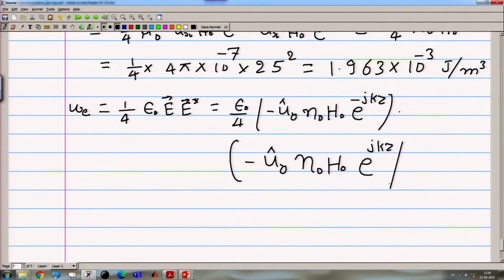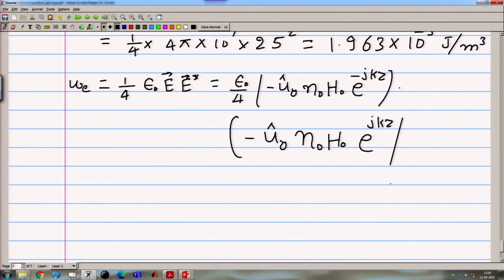After simplification this will come eta naught whole square epsilon naught H naught whole square by 4.